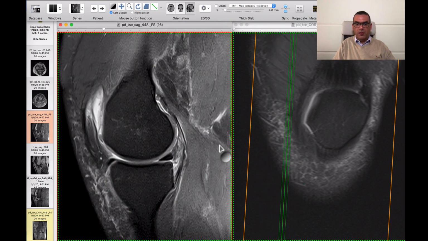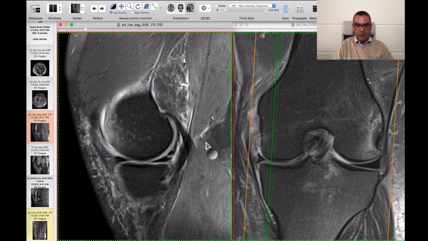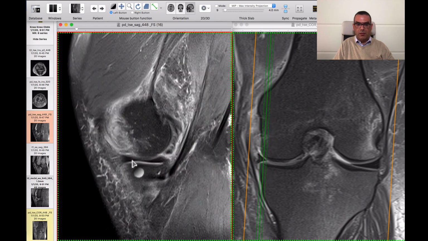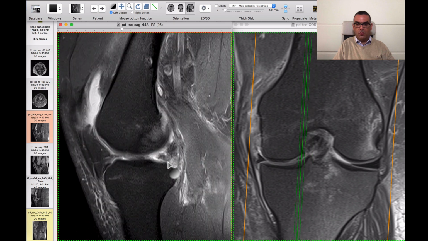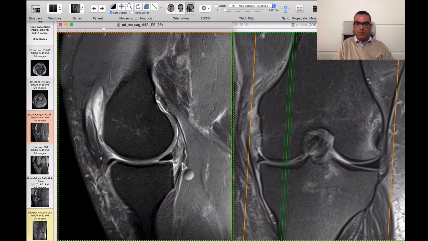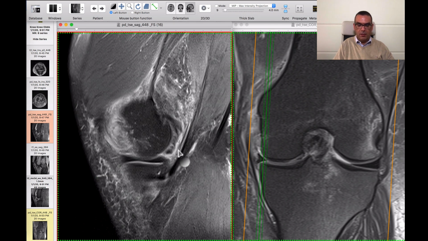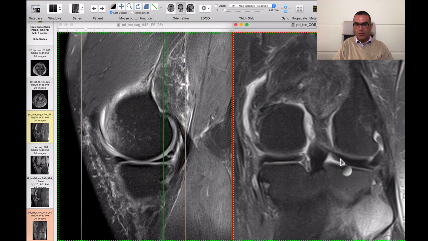So first, let's start with the posterior horn of the medial meniscus. You can see this is the meniscal body, and the anterior horn looks good. The posterior horn, most of it looks intact, but you can see there is a separated part at this area arising from the meniscal base and directed superiorly, and we have to examine this to see what exactly is the pathology.